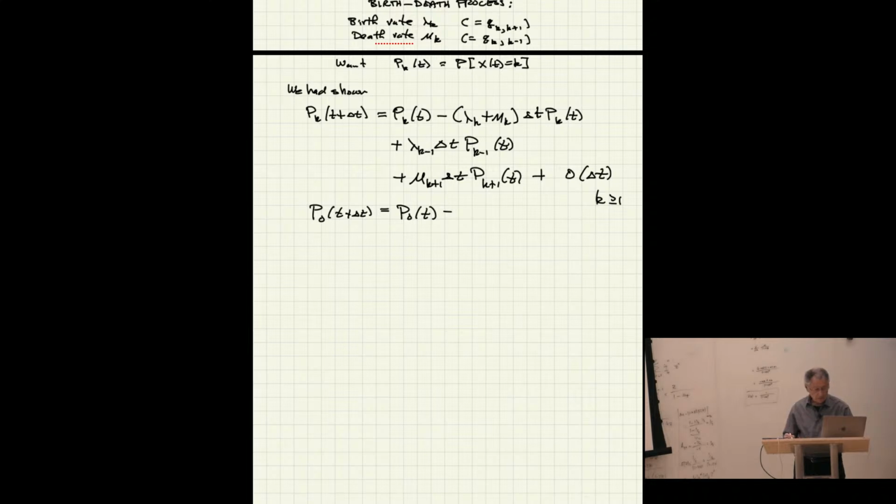Namely, we're going to get minus lambda sub 0 delta t p sub 0 of t, plus the other terms. Now, this state does not exist, so we go to the next terms, and when k is 0, we get mu 1 times delta t, p sub 1 of t, namely a death from state 1, and all of that plus little o of delta t.